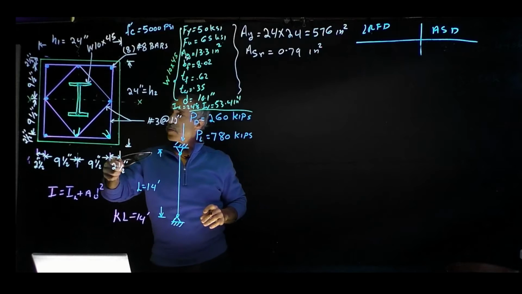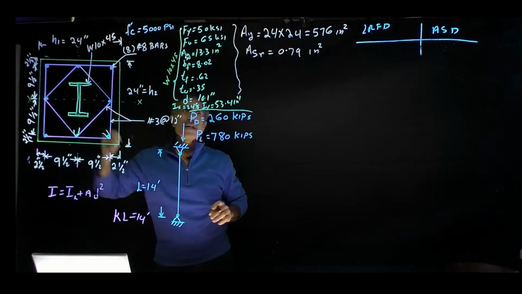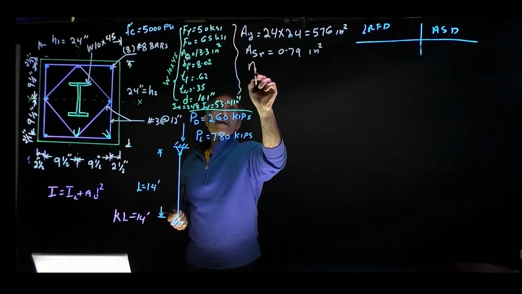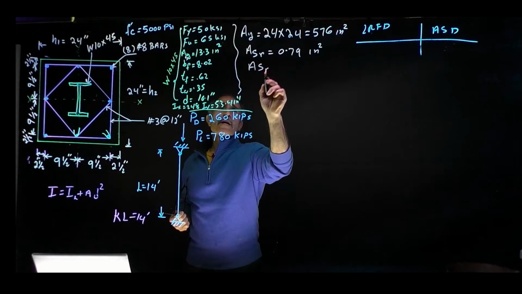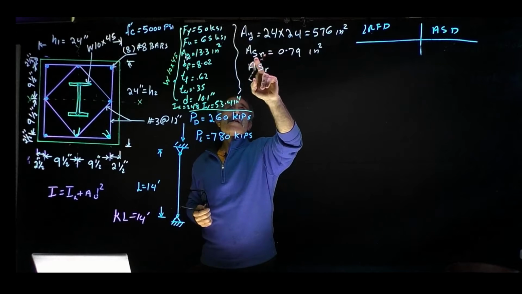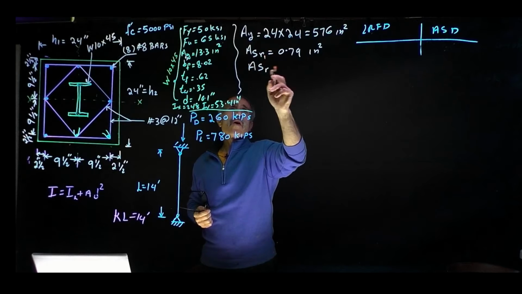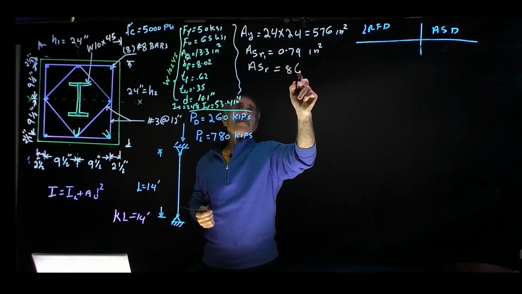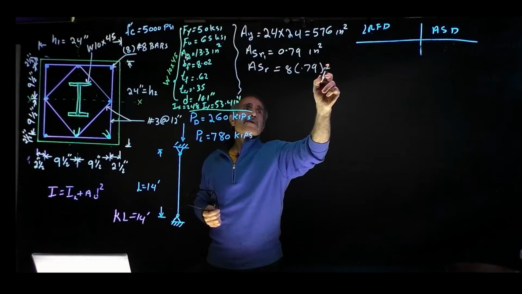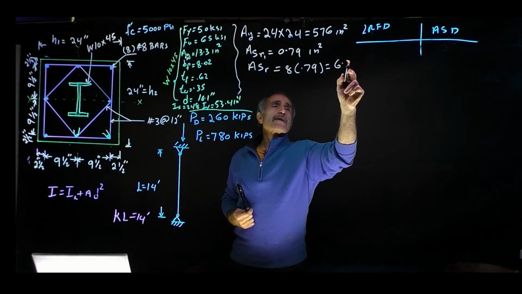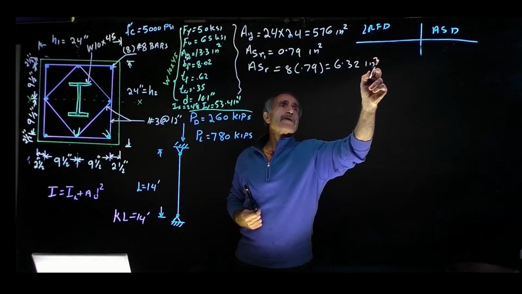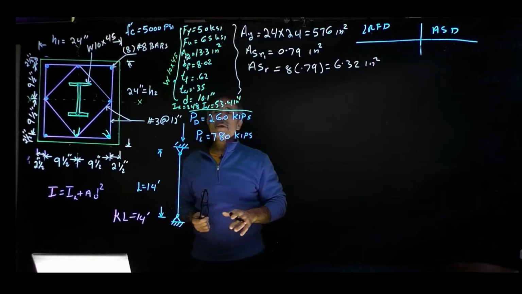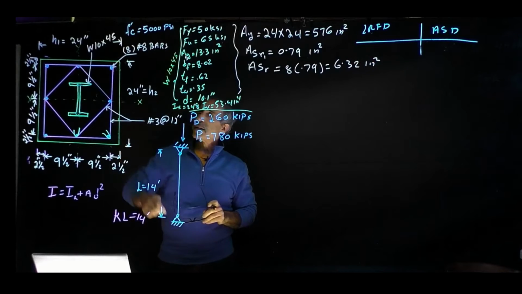We said we had 1, 2, 3, 4, 5, 6, 7, 8 of them. For all of them it will be 8 times 0.79, which is equal to 6.32 square inches. So now we know that.